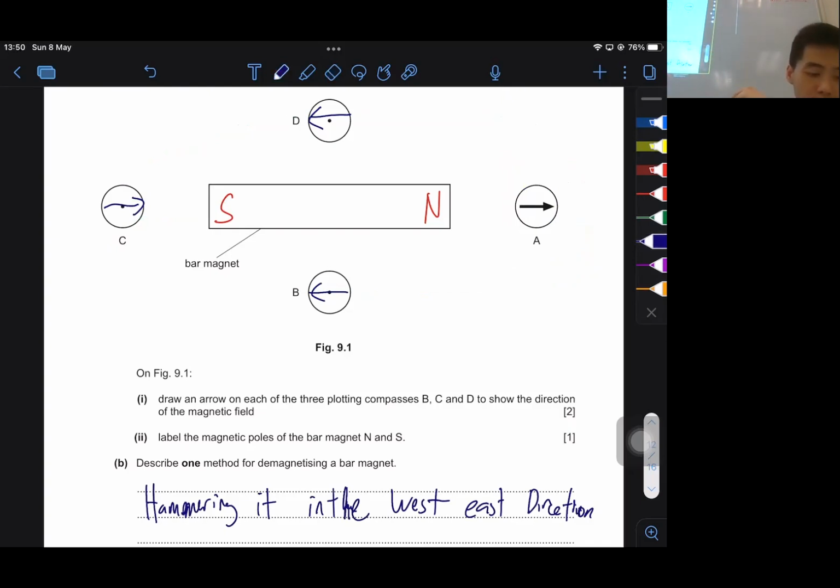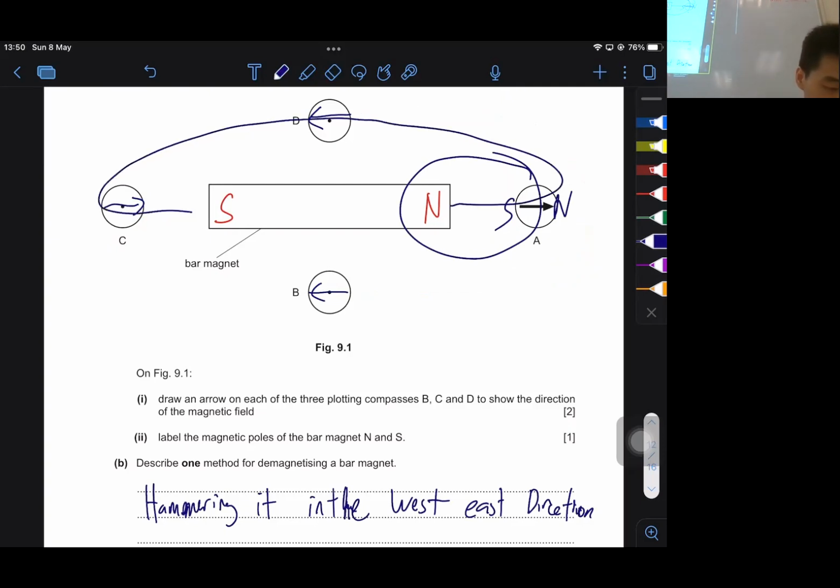So from here, I know for a fact that this one is for sure north and this one is for sure south from the pole, right? From here, I know that the only way for these two to attract is for north and south to be together. And from here, I need to know that the magnetic field always goes like this, right? Then that's how I determine the rest of the magnets. You got me, no? Does that answer your question? Is that what you're asking?